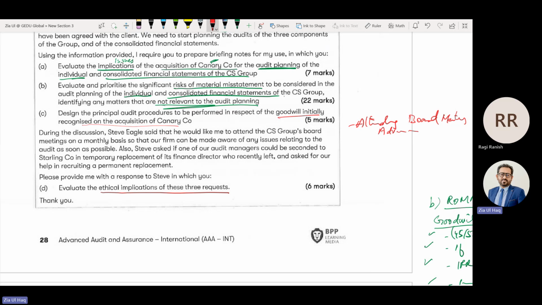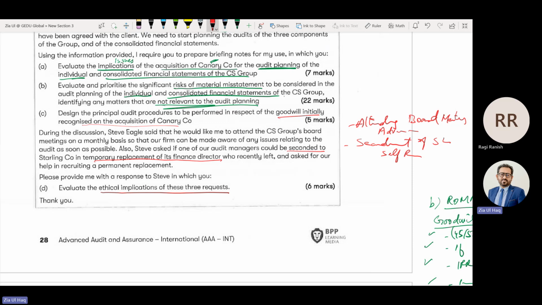One issue. Also, Steve asked if one of our audit managers could be seconded to the company in temporary replacement of his finance director who recently left. Secondment of staff. Create what? Self-review threat. Because finance department people are involved in preparation of financial statements and will be auditing our own performed work.